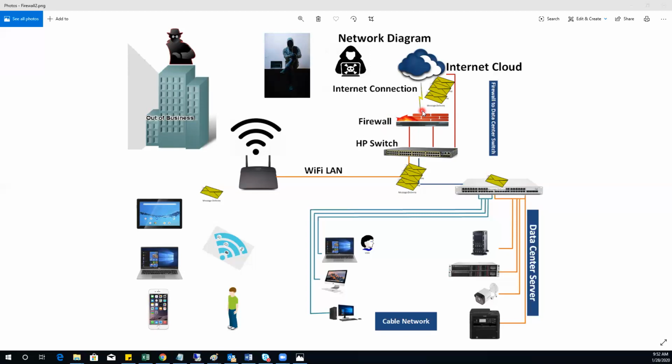Otherwise, if any kind of packet has these kinds of malicious activities, these devices will simply terminate, they will discard, they will trace the data which contains any kind of hacking activity, just to tackle all these bad guys.